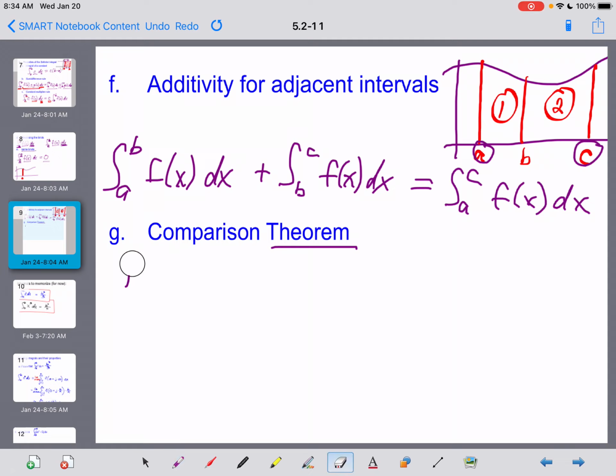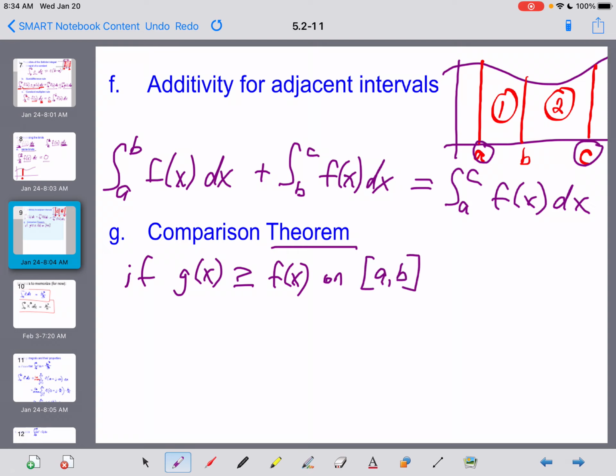So what we would need to say is, let's try this again, if there is an established hierarchy between two functions, if we know, let me go with this, guys, that g of x is greater than or equal to f of x on some interval from A to B, and I'm going to include the endpoints as well.